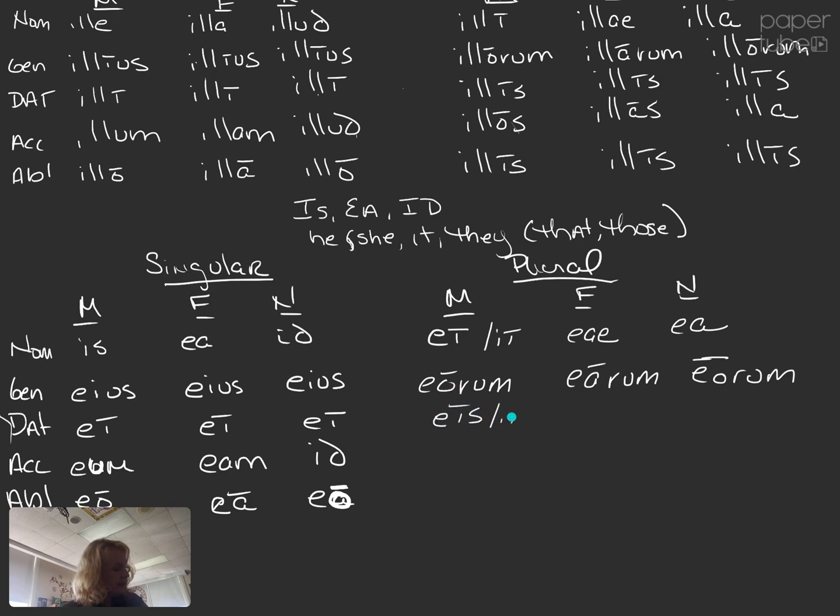Eis could also be iis all the way across. Eis, eos, eas, ea, eis. Oh, trying to put the long mark over those e's today. It is not there.